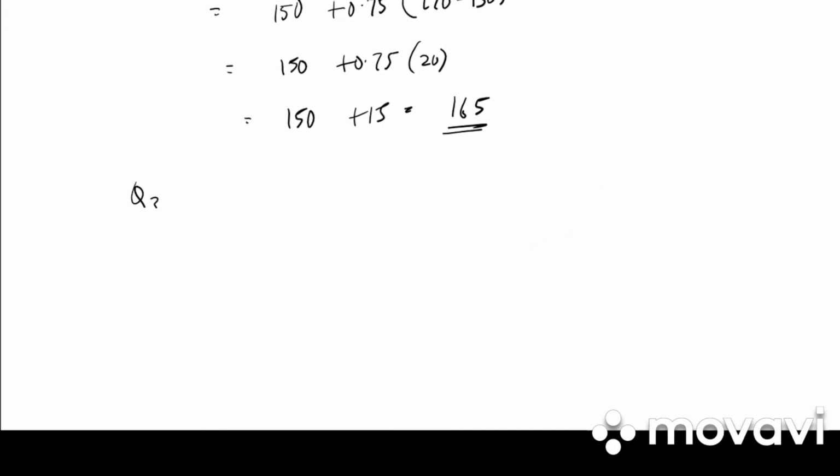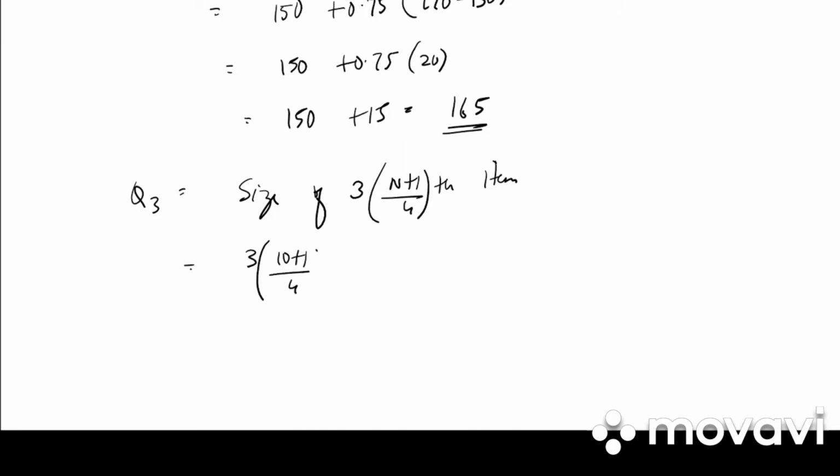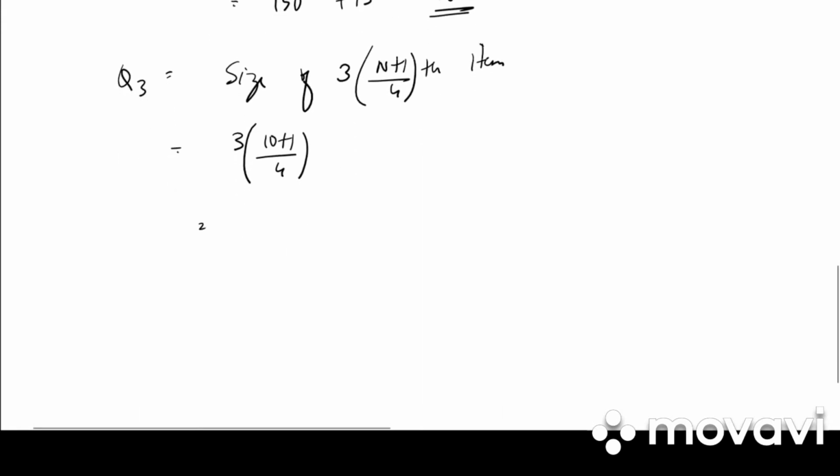Next we need to find Q3. Size of 3 into n plus 1 divided by 4th item. So it is 3 into 10 plus 1 divided by 4. 3 into 11 divided by 4. 33 divided by 4, that is 8.25th item.